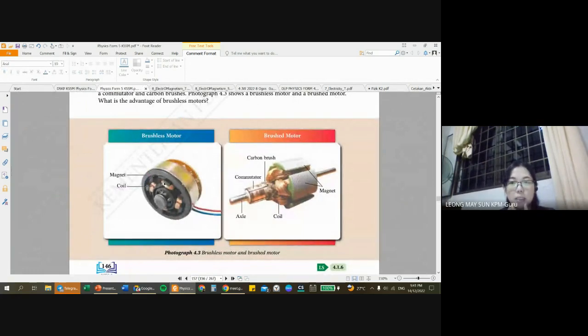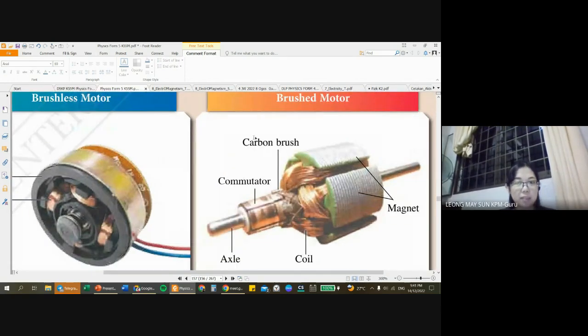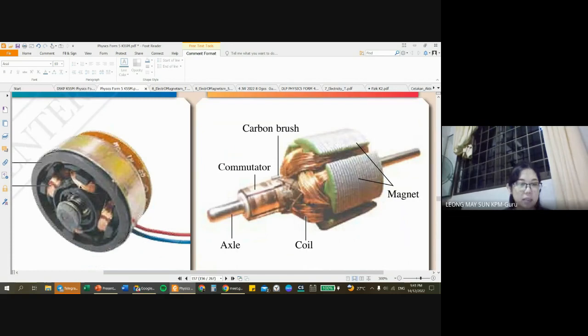Okay, this is the question that came out from the trial question the other day: brushless motor and brushed motor. Now, the difference here is, if you can see, for the brushed motor, the coil of copper wires is inside and there are only two wires coming out. But if you look at the brushless motor, there's no wire coming out.